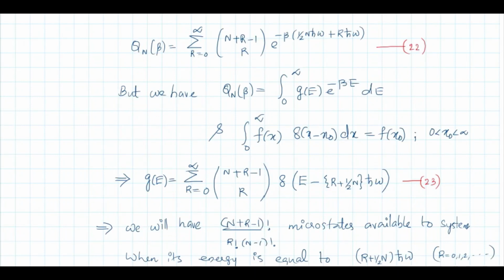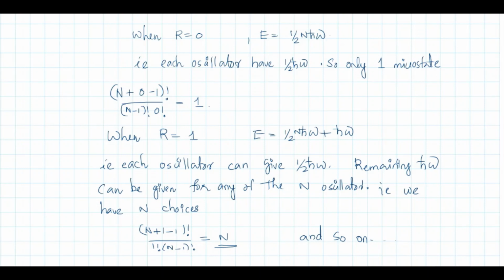Now suppose R is equal to 1. Then you have 1 plus half n h cut omega energy. That is half n h cut omega plus h cut omega. In this, half h cut omega each for n oscillators will give half n h cut omega. Then there is a remaining one packet of energy h cut omega. This you can give to any one of the n oscillators. So you have n choices.